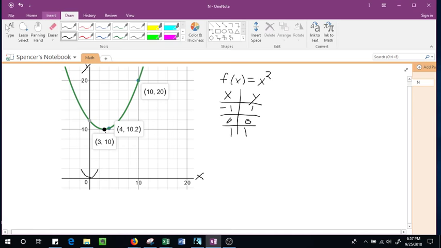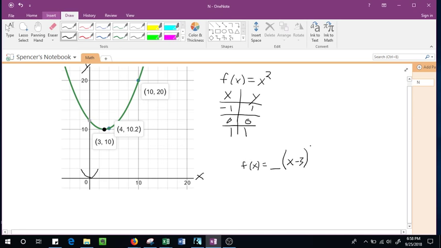So first things first, let's figure out what our shifts were. And the shifts, if we recall, are our vertex. So if I've got f of x is equal to, we don't know a yet, so let's leave this blank, x minus, looks like we shifted over 3.